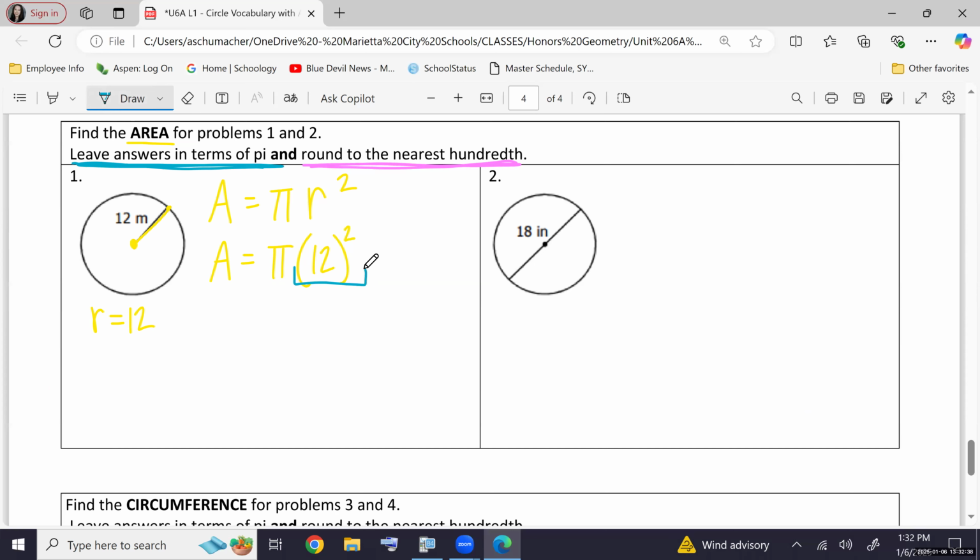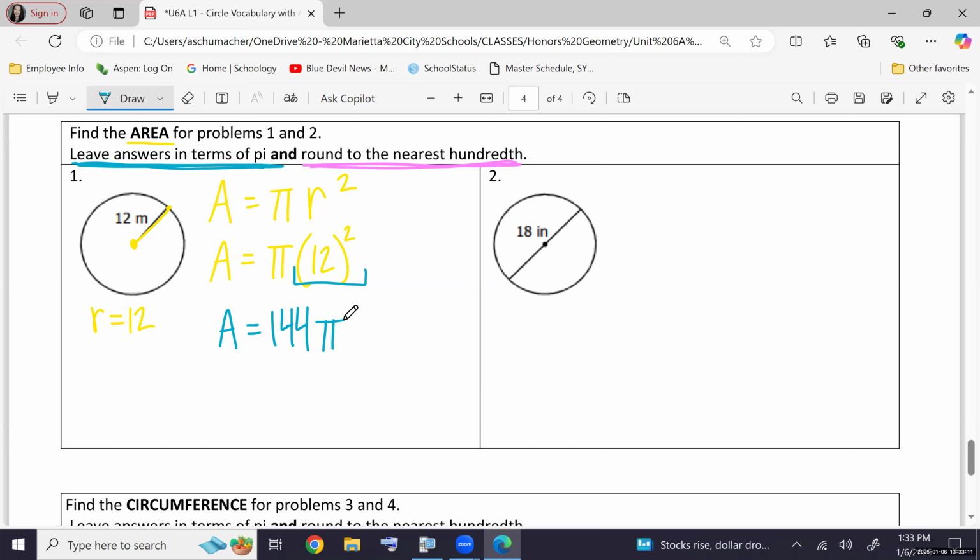So we need to do 12 squared before we multiply by pi. You can plug that into your calculator, or if we just know, 12 squared is 144. And then at the end, we will put pi. So you simplify everything that does not include pi: 12 squared is 144, 144 pi.